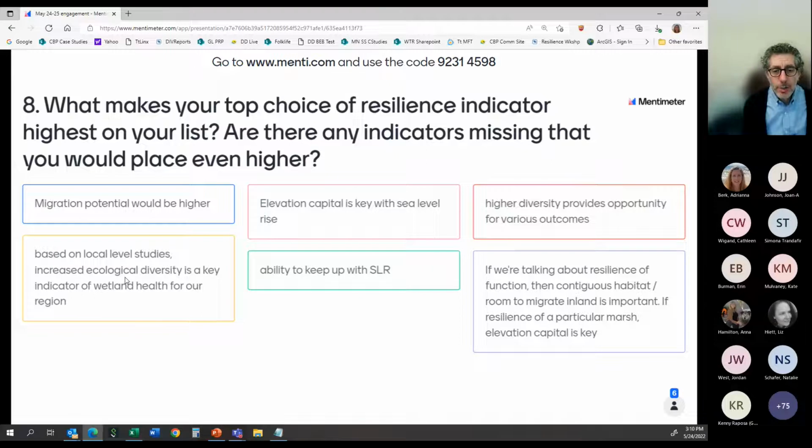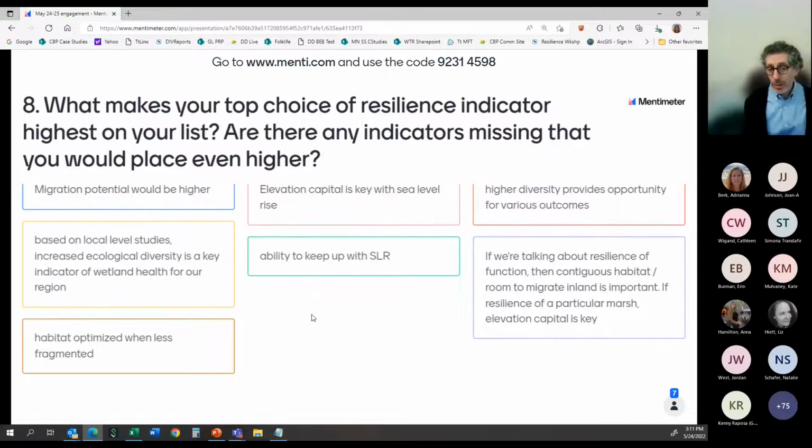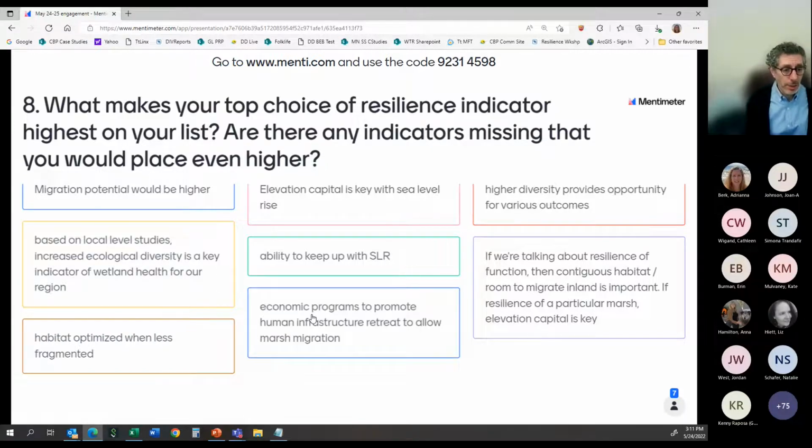If we're talking about resilience of function, then contiguous habitat, room to migrate inland is important. For resilience of a particular marsh, elevation capital is key. Again, elevation capital, we've heard twice now. Habitat is optimized when less fragmented.